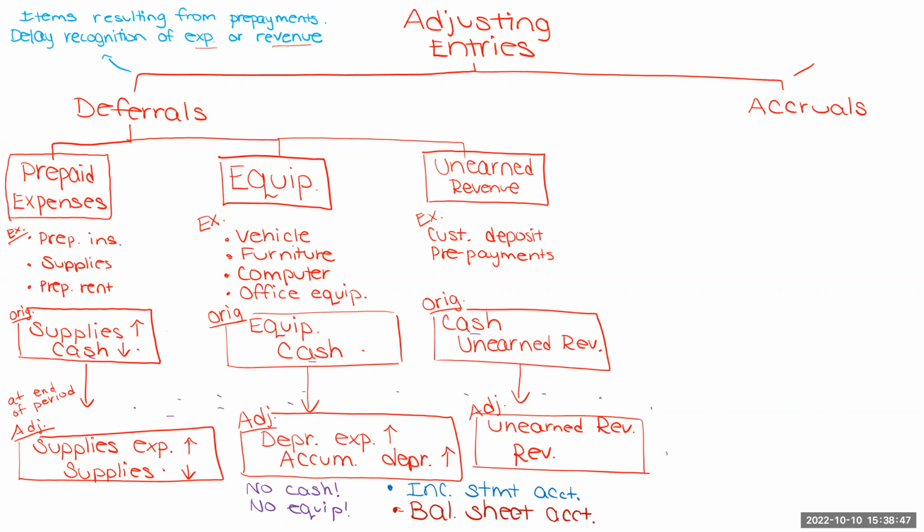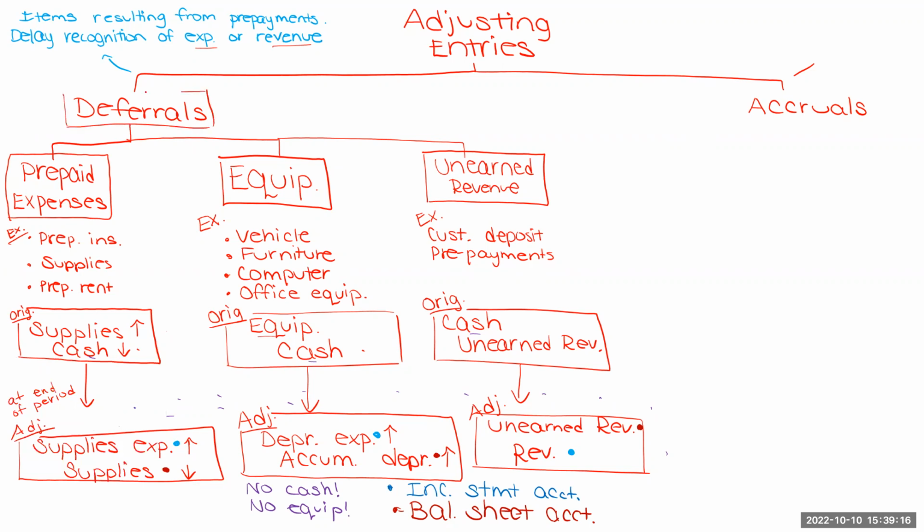Supplies is an asset, so it's a balance sheet account. Accumulated depreciation goes with the asset, so it's also a balance sheet account. Unearned revenue is a liability, and liabilities show up on the balance sheet. On the income statement, you see expenses and revenue. So you should have one of each color dot, and that way you know your adjusting entries are in good form.